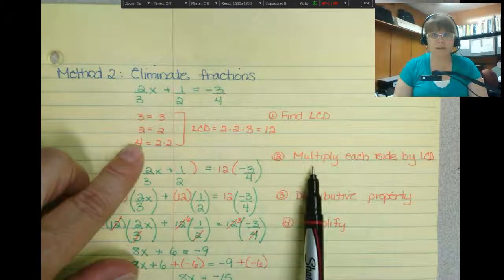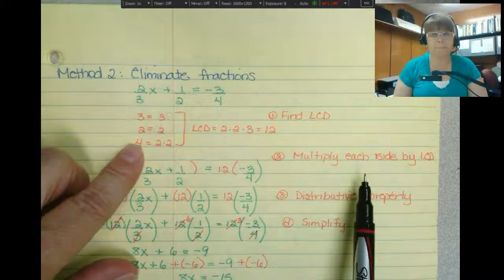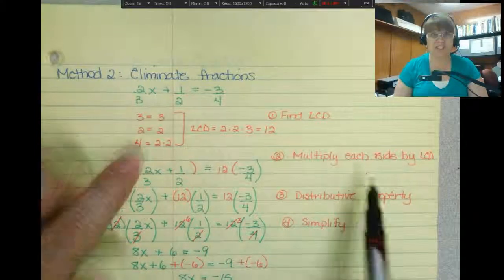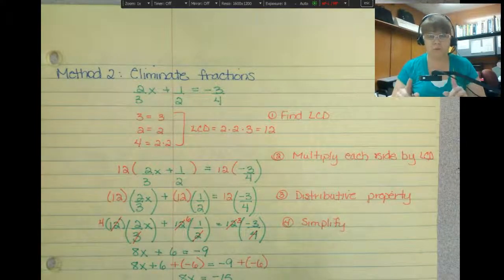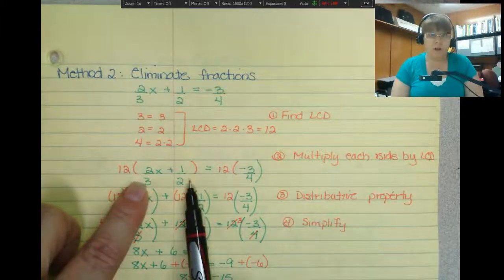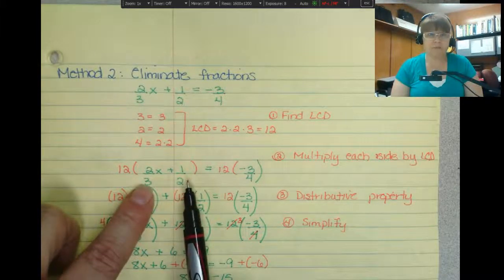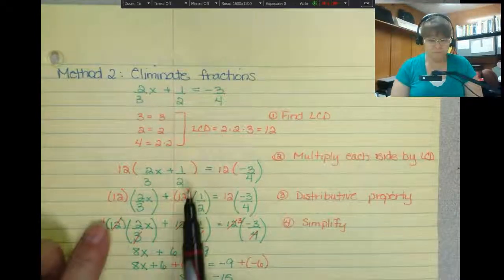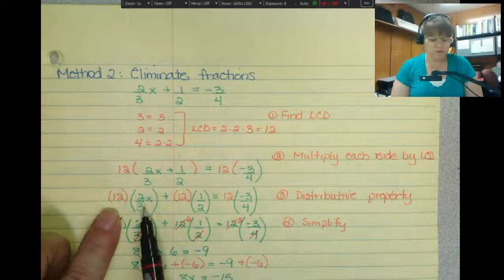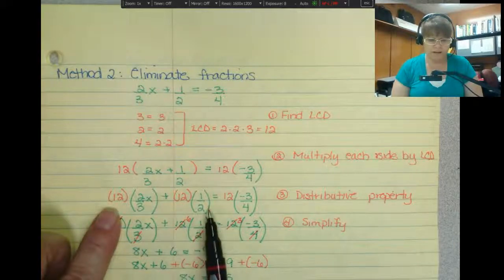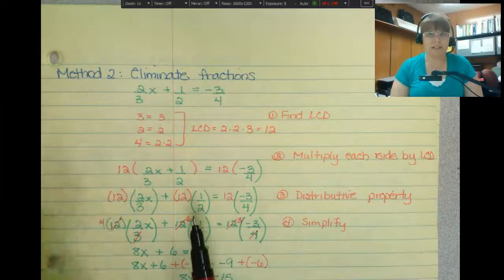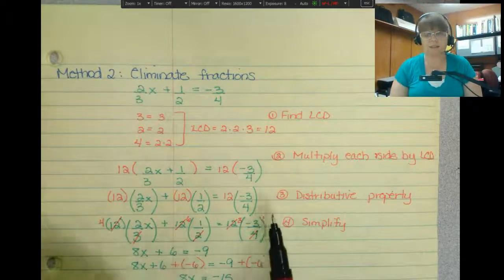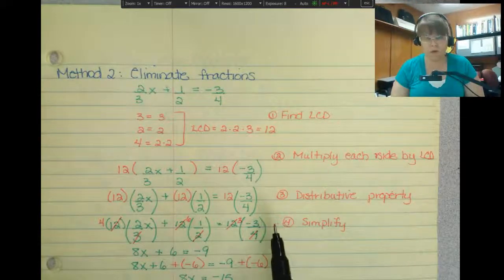I multiply each side, but we have to keep in mind each side might include more than one term. On the left-hand side, I actually have 2 terms. I have to multiply both terms by the LCD, so the 2/3 x as well as the 1/2 on the left. On the right, I have to multiply that number by 12.